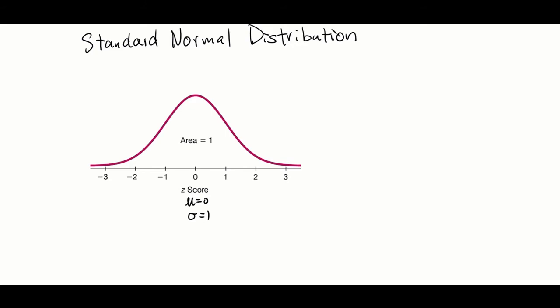What's so nice about this standard normal distribution is that your x value, let's say here's your x value, 1.52, for example, is the z-score of that value.